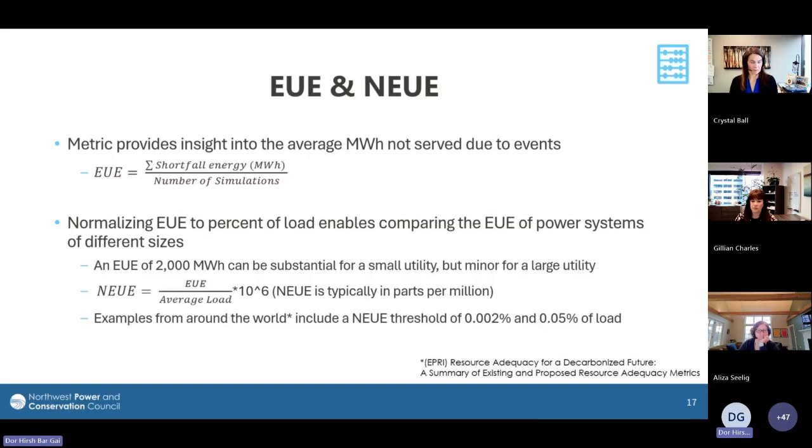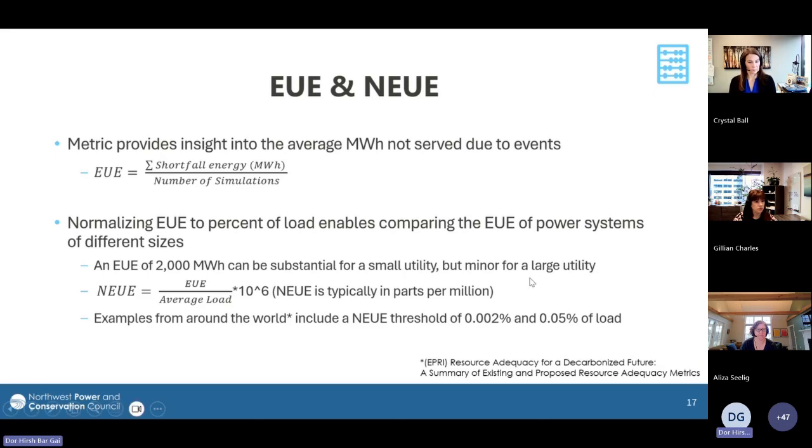I flagged there's a really nice EPRI report that summarizes different countries and different regions around the world and their metrics. And so you can see that you can now start comparing more apples to apples. Oh, it's 0.002% or 0.05%. And so for those who do use EUE, they tend to normalize it.